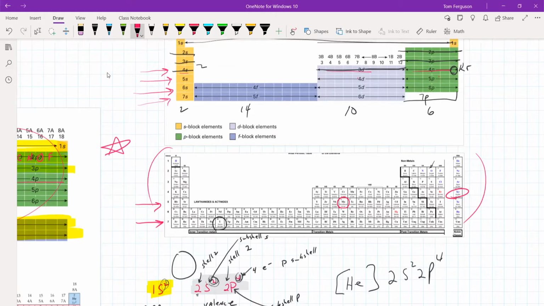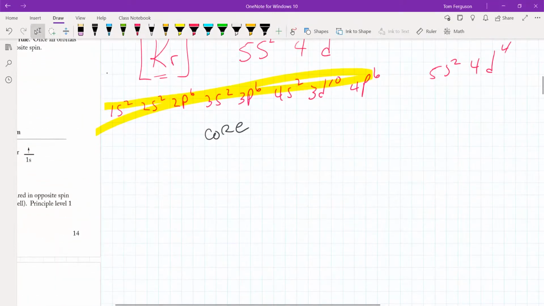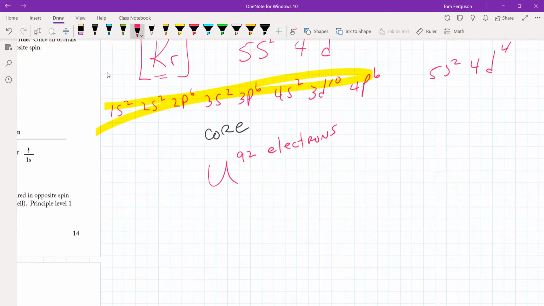So it's going to be radium, with 92 electrons in uranium.